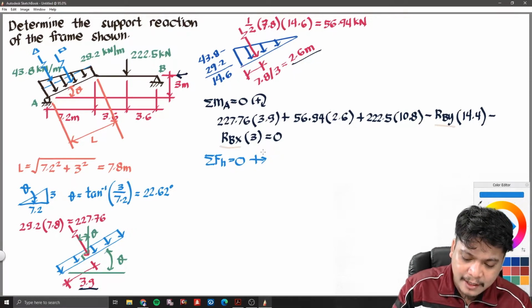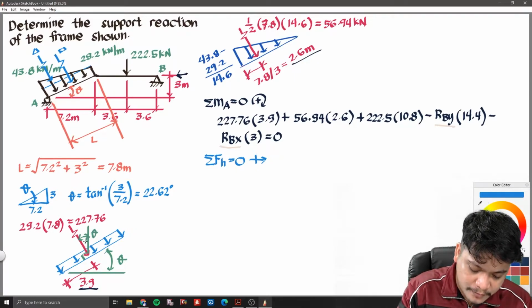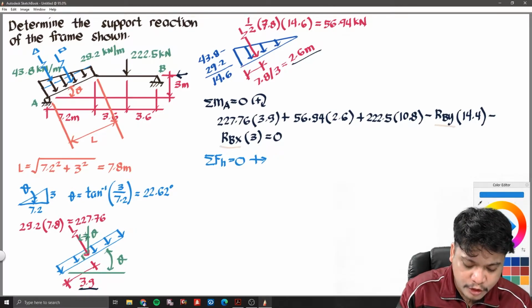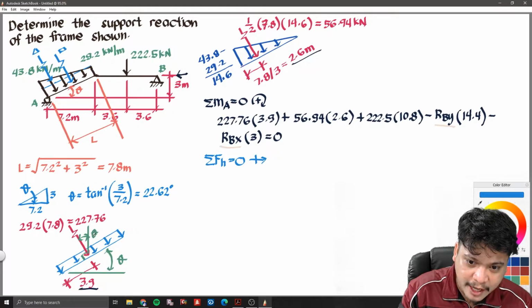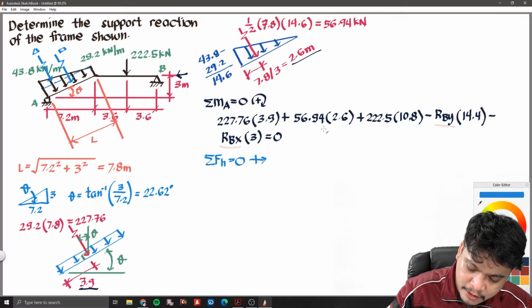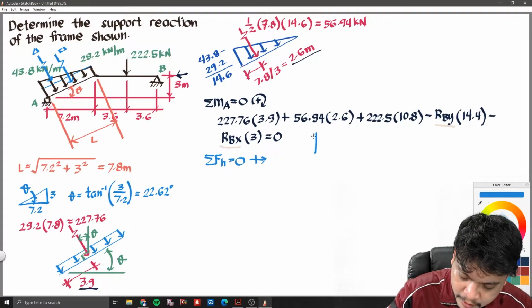Kaya lang, kagaya ng sinabi ko, kukunin natin yung horizontal component nitong part na to, no? So, meron ako ditong theta. So, you have here the theta. Okay? So, parang ganito. So, yung triangle ko na yon. Okay? So, meron ako ditong resultant.